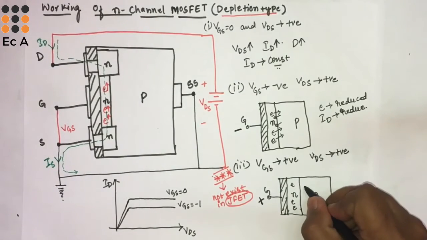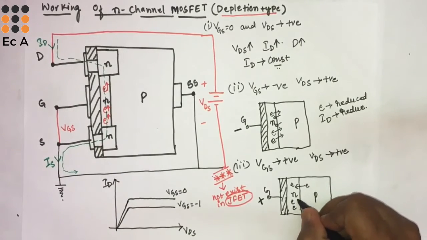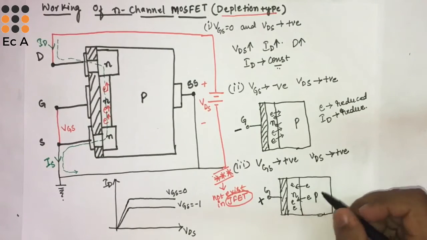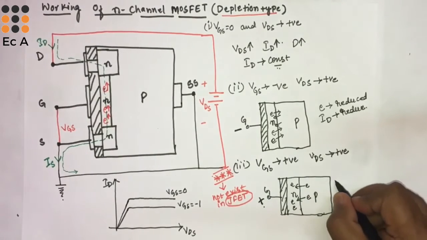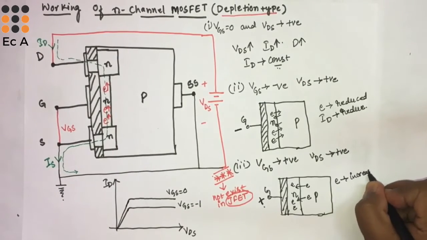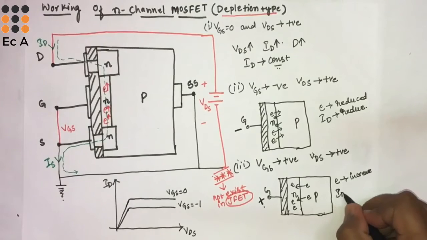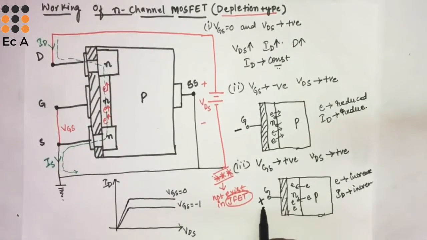The few electrons which are present in the P region will move into the N channel due to the positive connection of the gate. So this will increase the number of electrons, and drain current will also increase. So the drain current increases when we connect positive voltage to the gate.